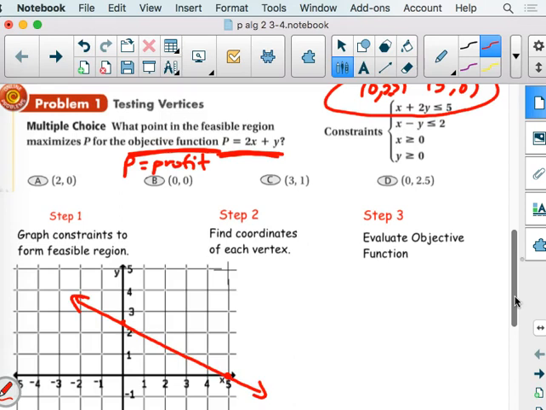And if I test 0, 0 really quick, this will say 0 is less than or equal to 5. Is 0 less than or equal to 5? Sure it is. So we're going to shade towards 0, 0.